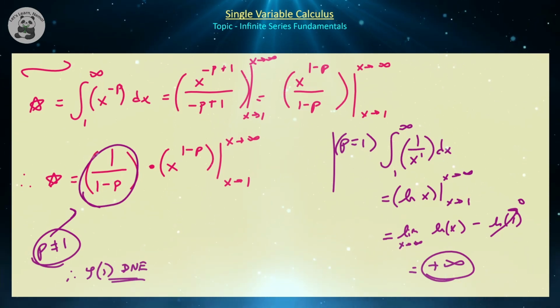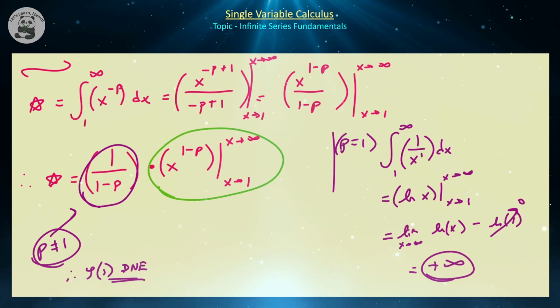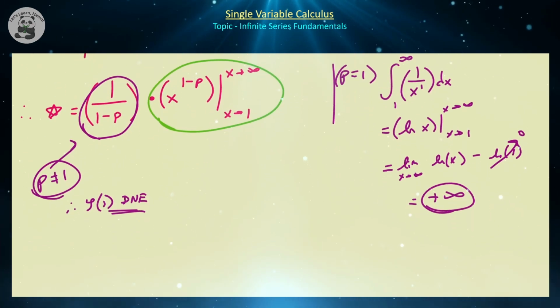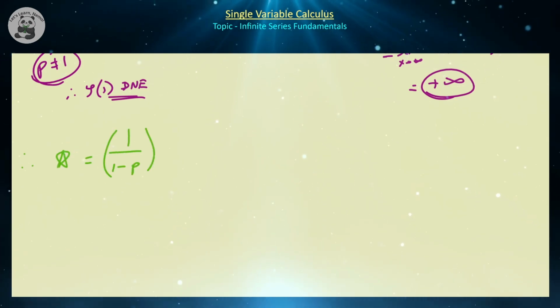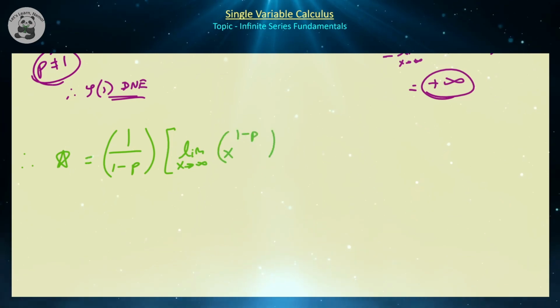Now let's take a closer look at that particular expression and see when that converges or diverges. So we have 1 over 1 minus p, and we already know what that gives us. And now let's take a look at the limit as x goes to infinity of x to the 1 minus p, minus the limit as x goes to 1 of x to the 1 minus p.